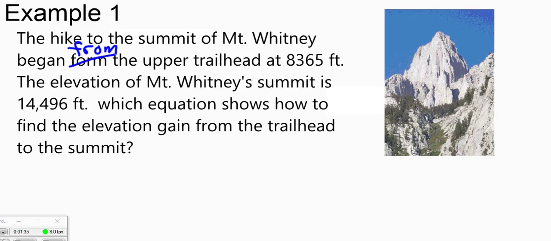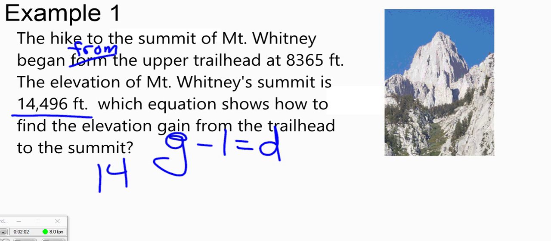All right, and so the idea here that we're looking at is, okay, how are we going to solve this problem? Once again, we got the greater, we got the lesser, so what do we need to do to see the change or the difference in elevation? So the greater amount, that one's pretty easy. Greater minus lesser equals difference.